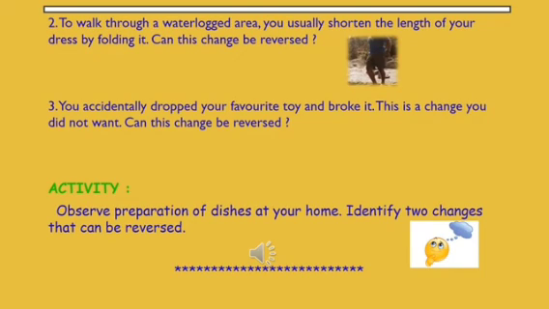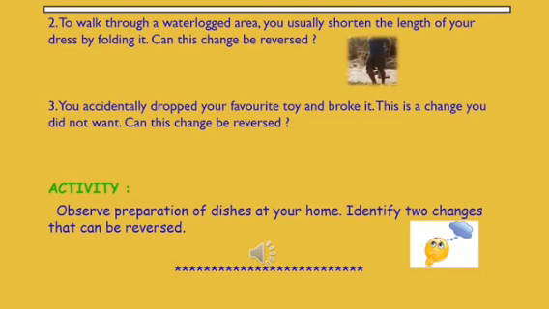Can this change be reversed? So, when you're walking in such a waterlogged area, to prevent your dress from getting wet, what do you do? You will fold it. Now the question is, can you unfold the dress back to its normal length or not? Is this change reversible or not? You are going to write the answer.